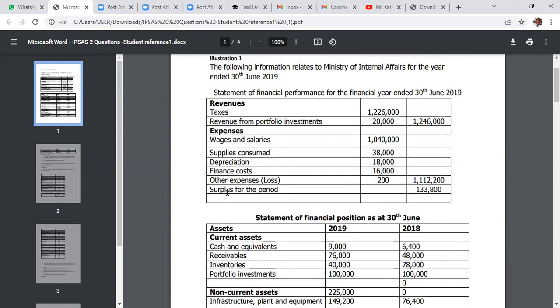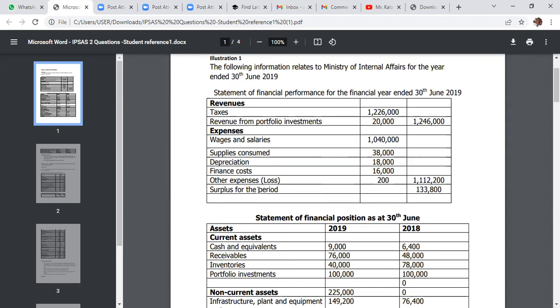What you have instead is surplus for the period, after expenses. You don't even have gross profit. The first line is surplus for the period, so you're supposed to adjust this one and take it to where you want it.